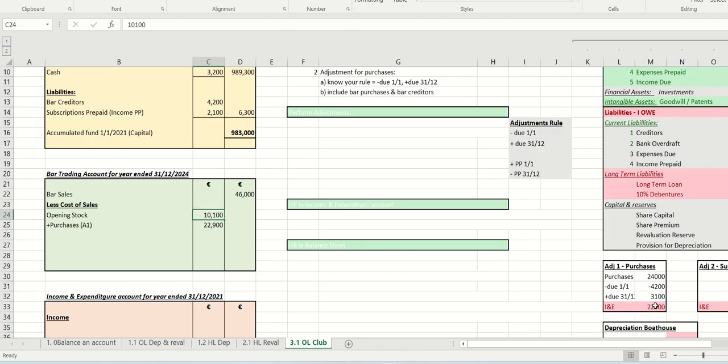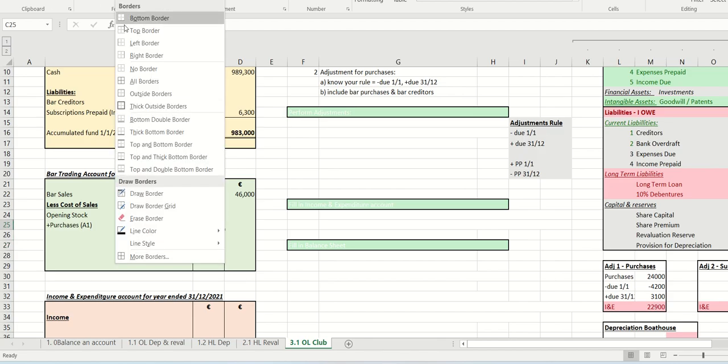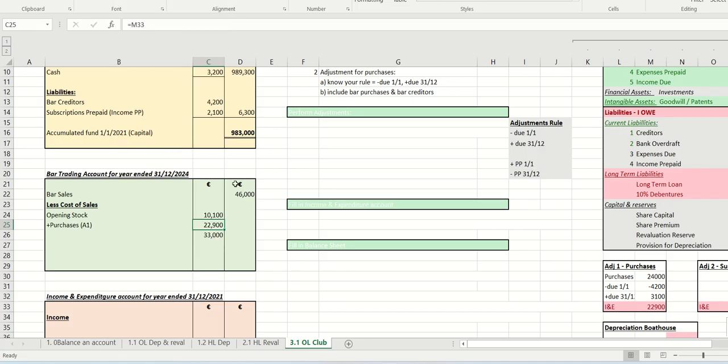We put in the adjusted number. So opening stock plus purchases, we're going to add those up, get our cost of goods available for sale. Please get into the very excellent habit of drawing a line every time you do a sum in accounting. It makes your work neater and makes you much less likely to make a mistake. Less closing stock.